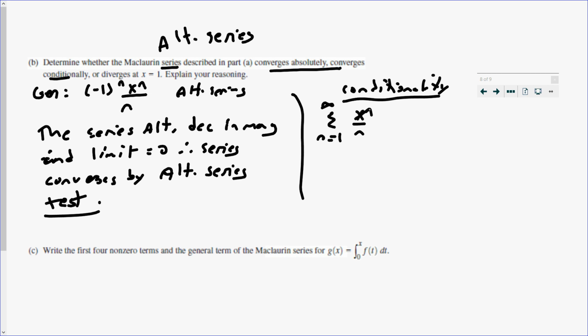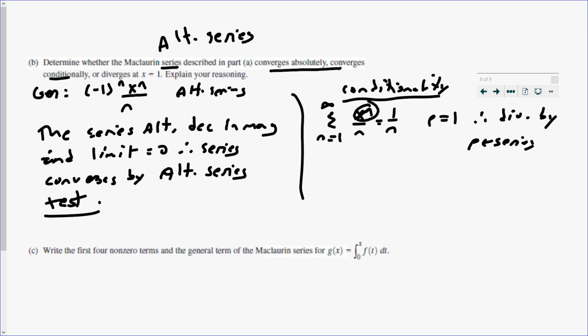Don't worry about the x to the n part right there. x is a number right there, so we really don't have to worry about that. So we're really looking at the 1 over n right here. And this is harmonic. p is 1, therefore this diverges by p series.